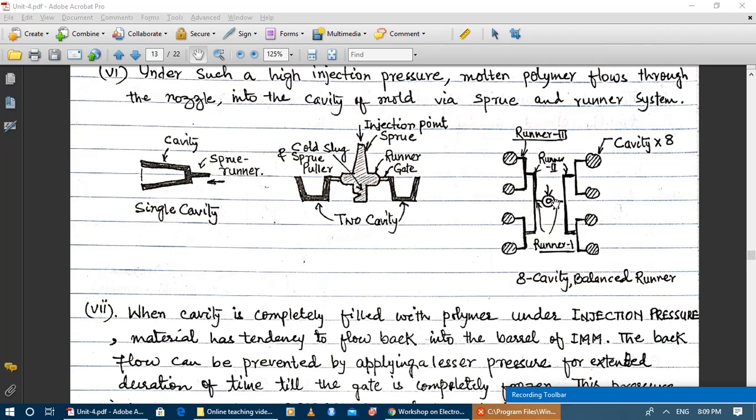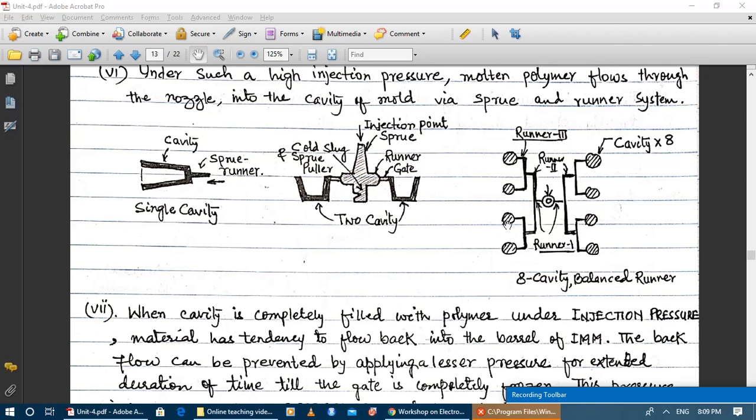Balance runner system means that the distance from the injection point to the cavity is the same. You can see the same distance polymer has to travel to reach each cavity.